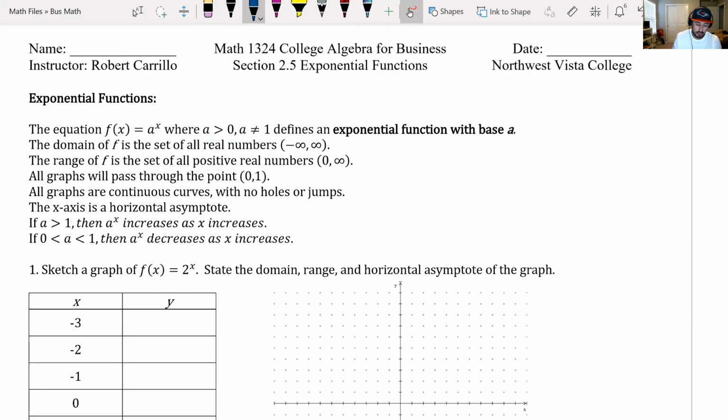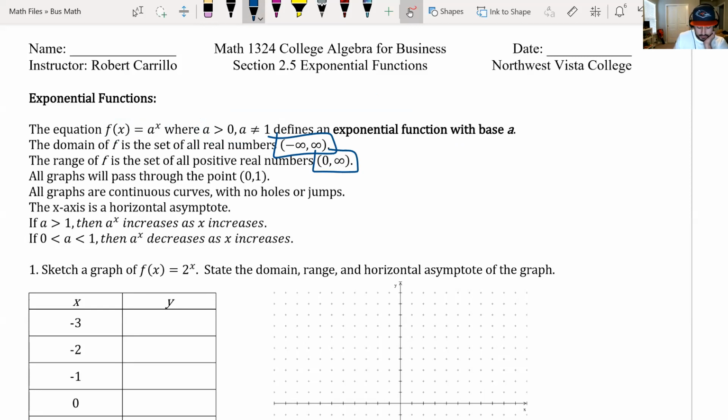Okay. Then the domain of the exponential function is from negative infinity to infinity. The range of the exponential function is all positive numbers, from 0 to infinity.